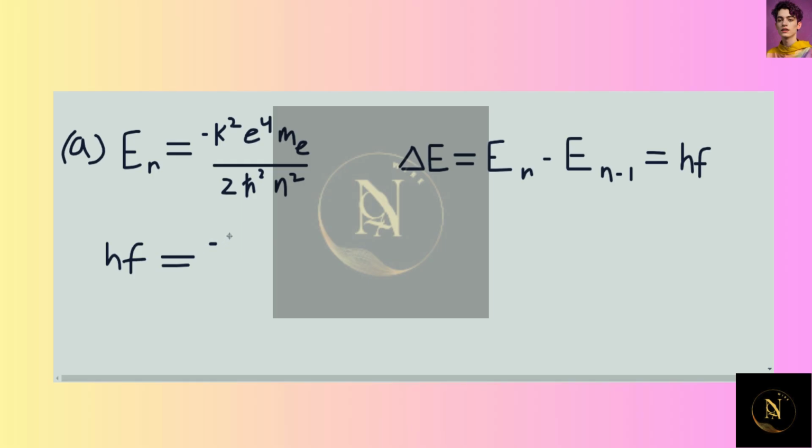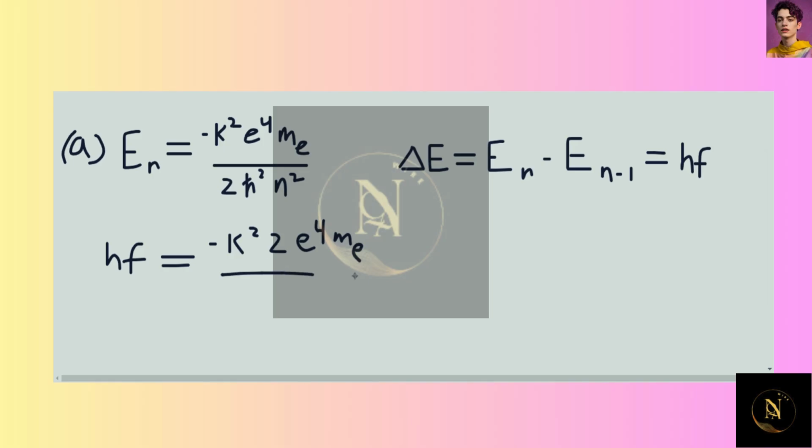So we have negative k squared times 2 times e to the fourth. The h bar squared gives us h squared over 4, but then you have that 2 to the left, so that gives us h squared over 2, so that 2 is what's up on the top there.